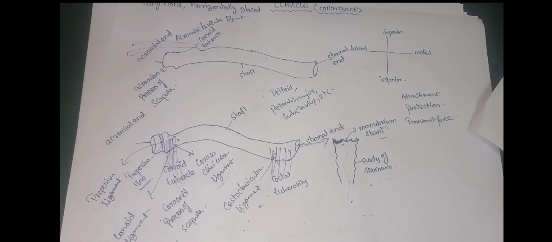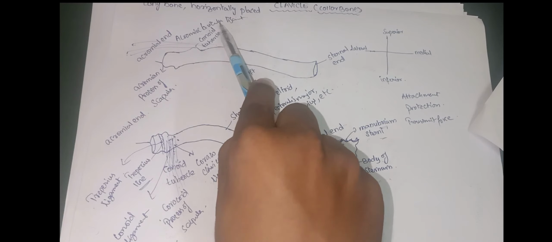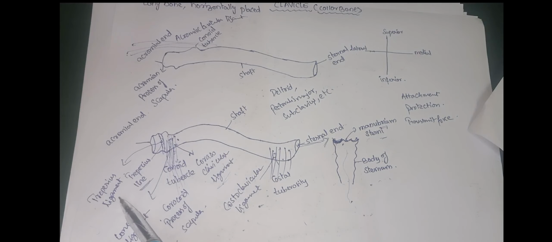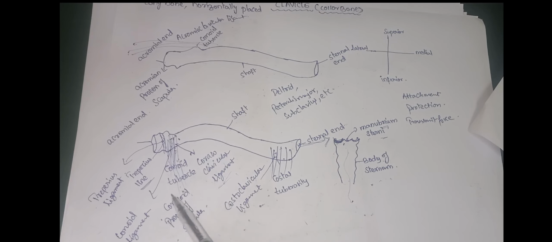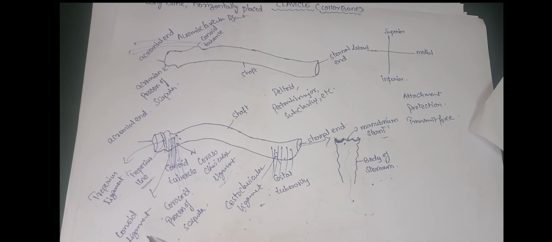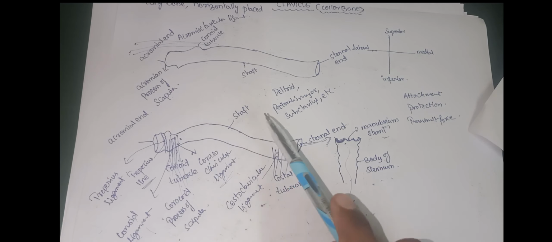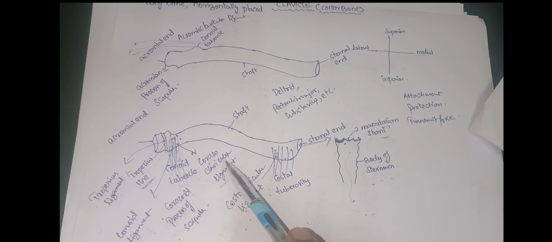How many ligaments are present in the clavicle? The acromioclavicular ligament, the trapezius ligament, and the conoid ligament, which is present near the conoid tubercle. The trapezius and conoid ligaments combine to form the coracoclavicular ligament.